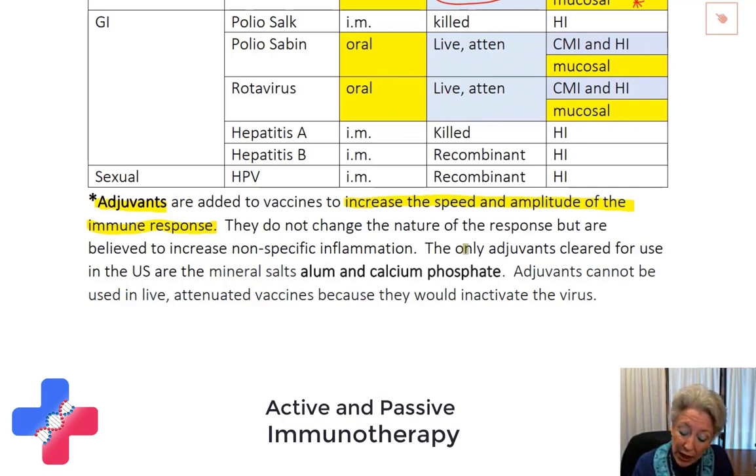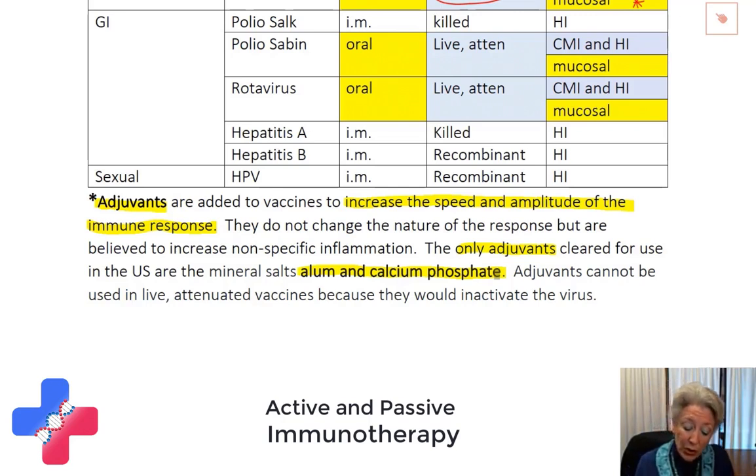So the only adjuvants we use nowadays in the United States are alum and calcium phosphate. If you guys have ever had any vaccines recently as boosters, you would probably know the ones that contained adjuvants because you would feel that they sting when they're administered. That sting is from the adjuvant. It's not from the material that's actually the immunogen in the vaccine.